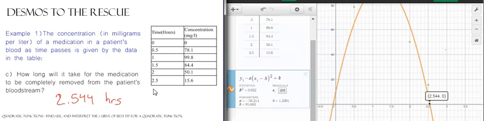For instance, you know this patient will need another dose in 2.5 hours, or even farther than that. If you know you don't want the concentration to fall below, say, 20 milligrams per liter, you know that you're going to have to give this patient more medicine after about 2 hours or so. So this allows you to make really useful predictions, which is the whole point of regression.